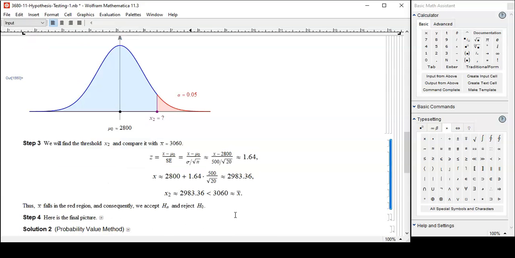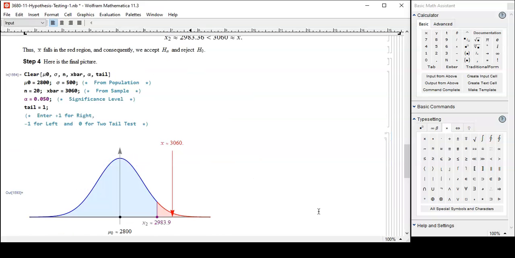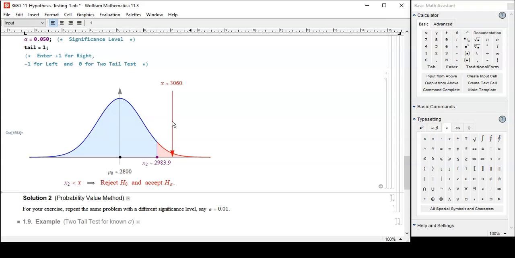Here's the computation we just did. And here is the conclusion. 3060 fell beyond the critical value into the alternative region, excuse me. Null region is closer to null, mu 0, and alternative region here.